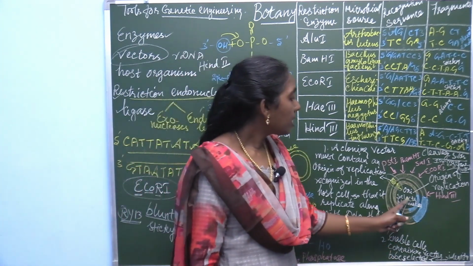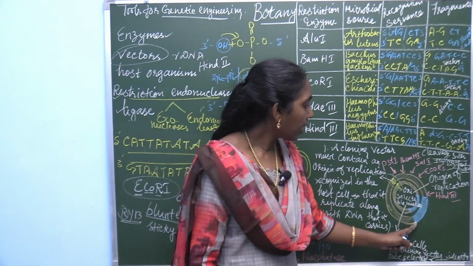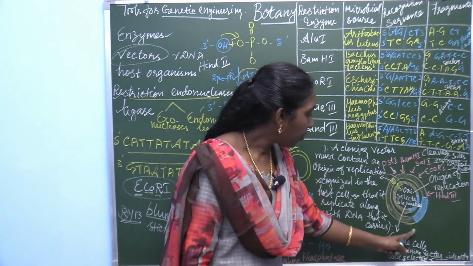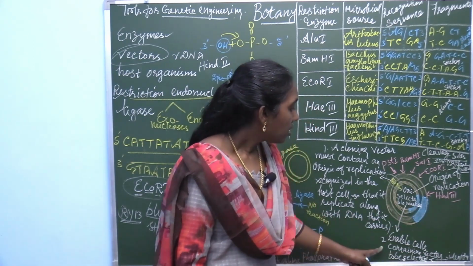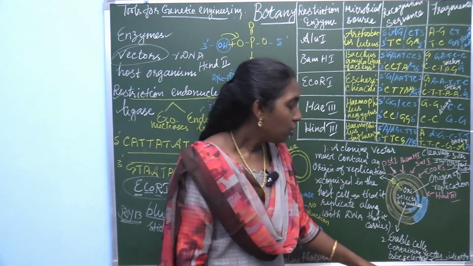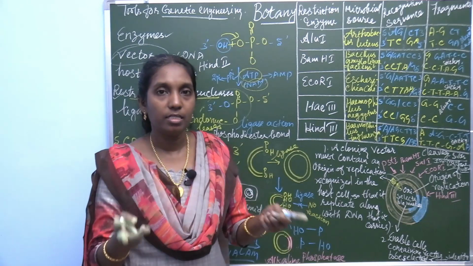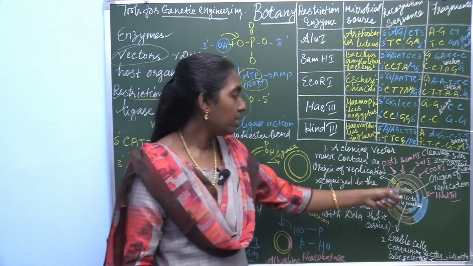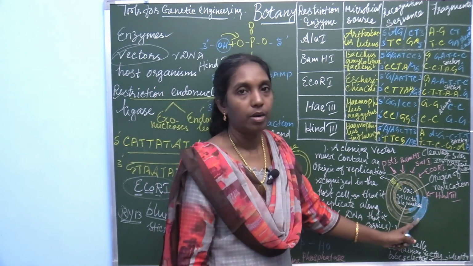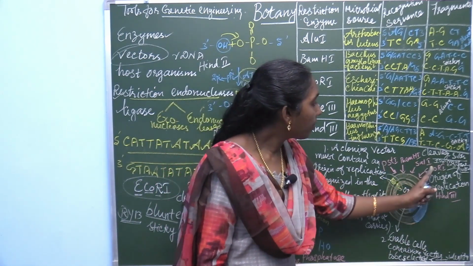Second one, selectable marker, this region. What is the role of this selectable marker? It enables cells containing the vector to be selected and identified. The altered gene can be identified by these selectable markers. And there are a number of cleavage sites.